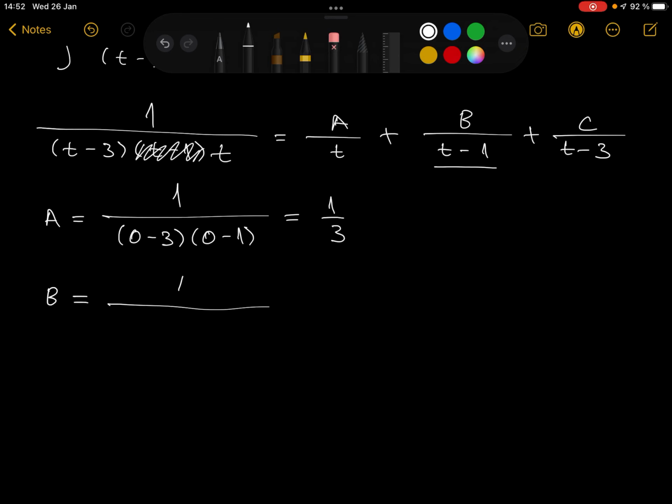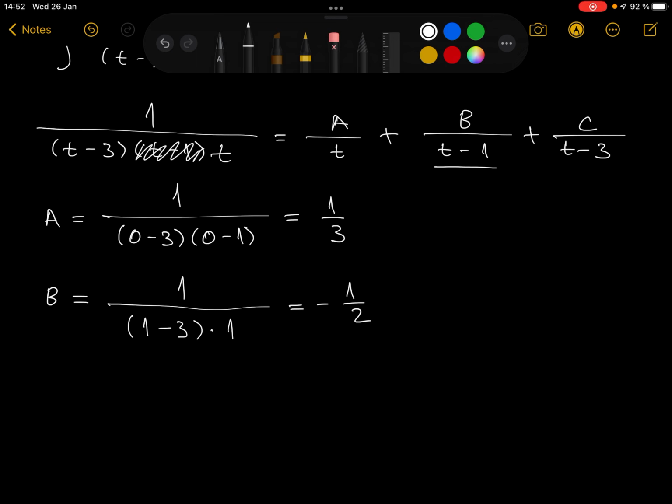So b is equal to 1 over 1 minus 3 times 1, which is equal to 1 minus 3 is negative 2, so it's equal to negative 1 over 2.